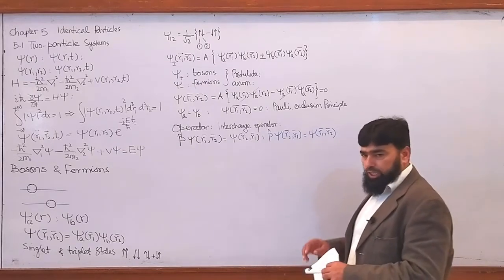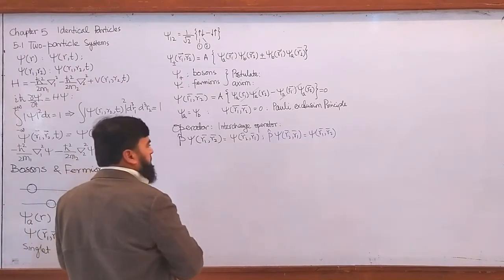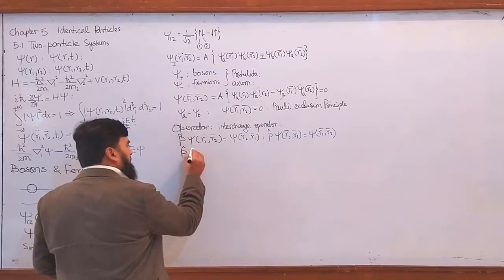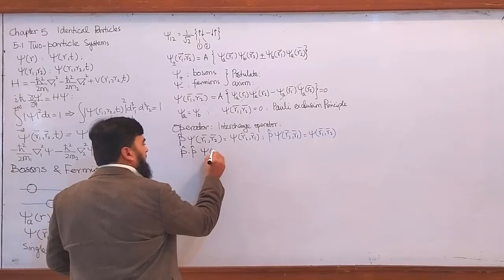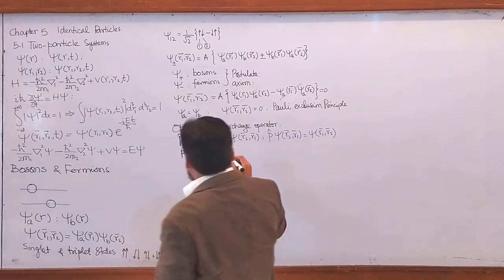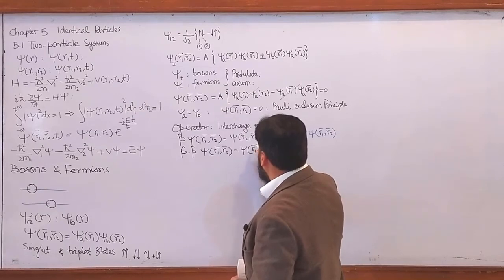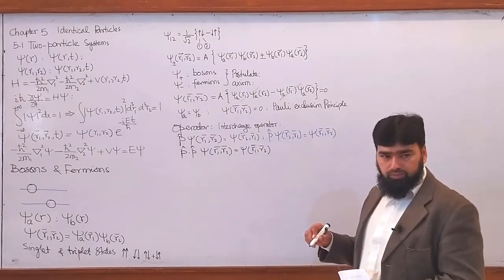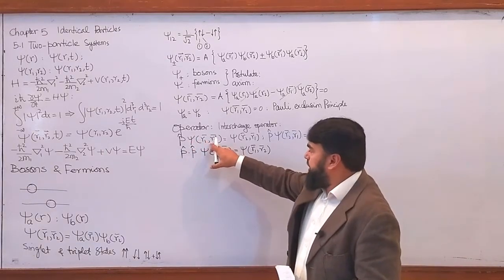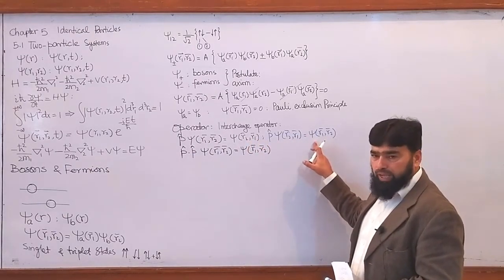What does it mean? If I apply P squared, meaning I apply P and then P again on psi r1, r2, I will have psi r1, r2. Clear? Once you applied it, it interchanged the coordinates. You applied it again and it gave those coordinates back.